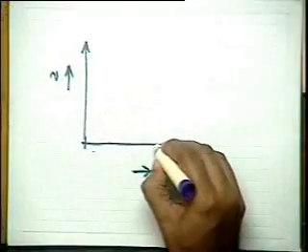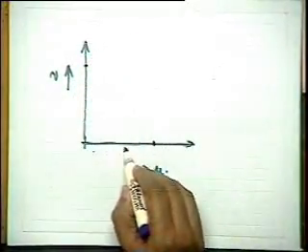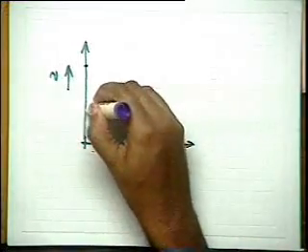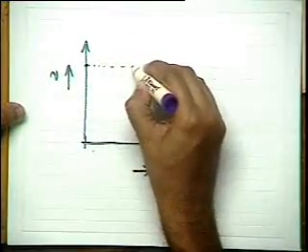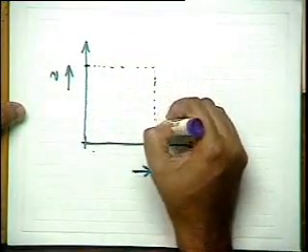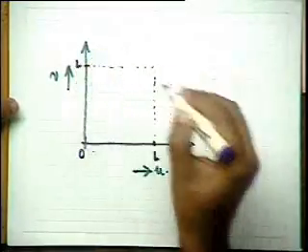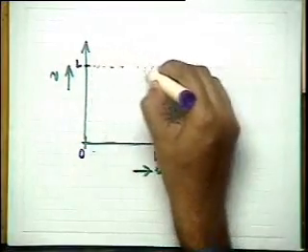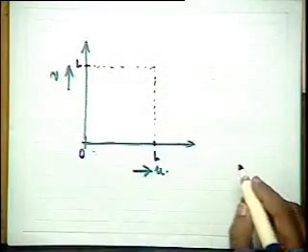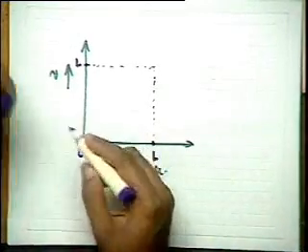Supposing this is my L. So 0 to L in U and 0 to L, or rather it should have been L minus 1 anyway, so 0 to L in the case of V. And supposing my transfer function is like this.